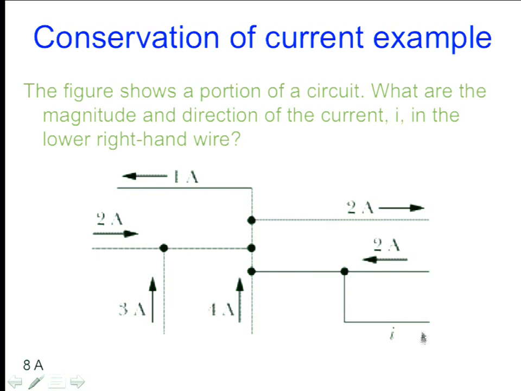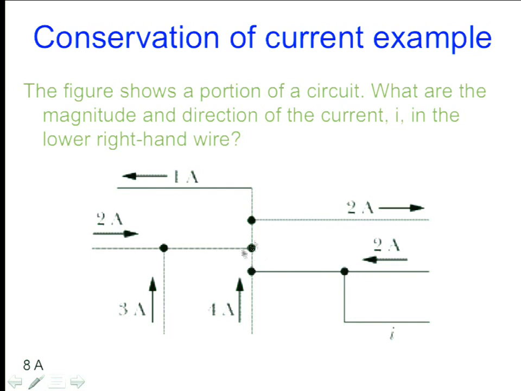And the question is, how much is coming out here? Well, you've got 5 here and 4 here. Let's see. I don't know what the 4 coming in means. 2 here, 4.